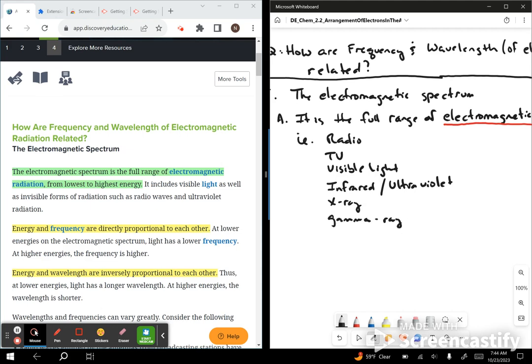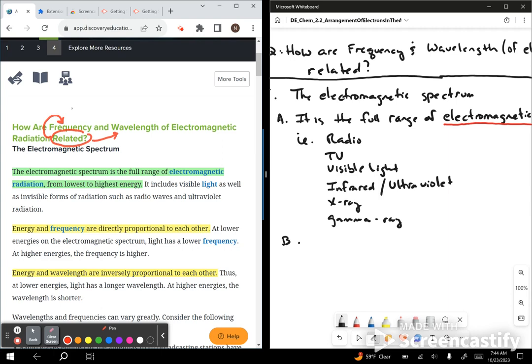Those are some examples. Now here's the key part. We're talking about the relationship. That's what we want to focus on. How are they related? We're talking about frequency and wavelength. So in paragraph 2, it says energy and frequency are directly proportional.